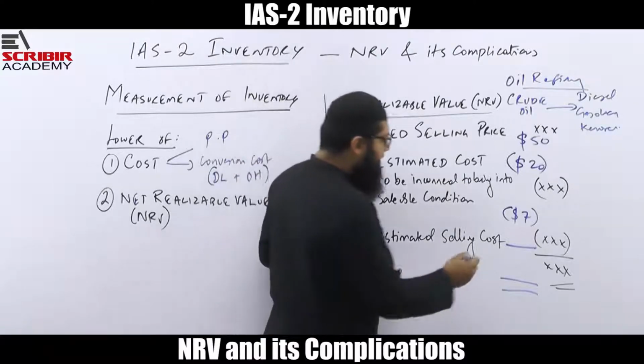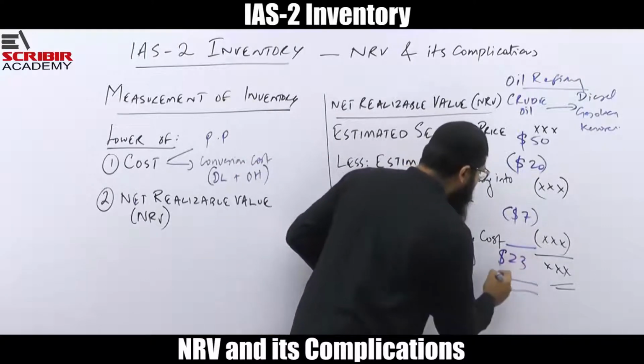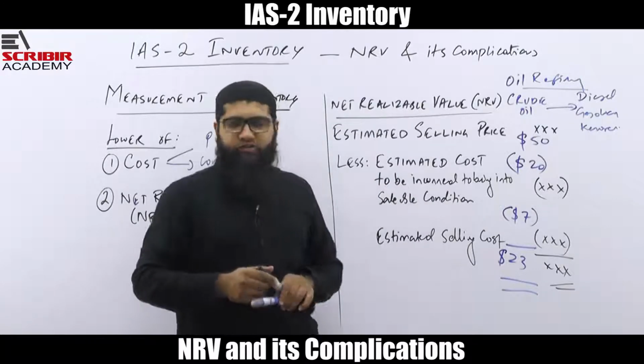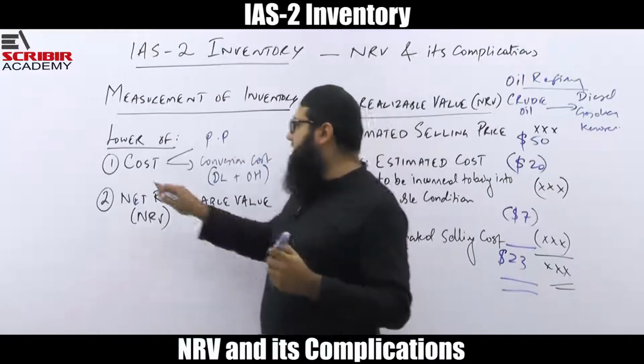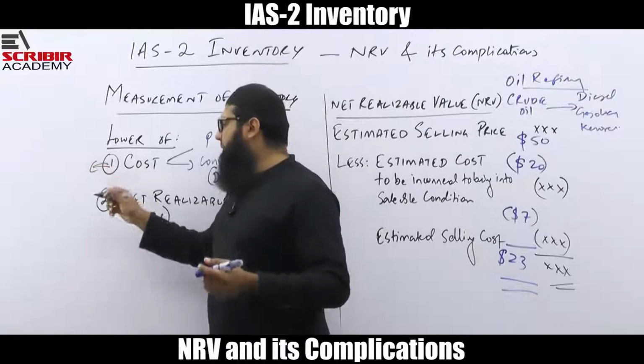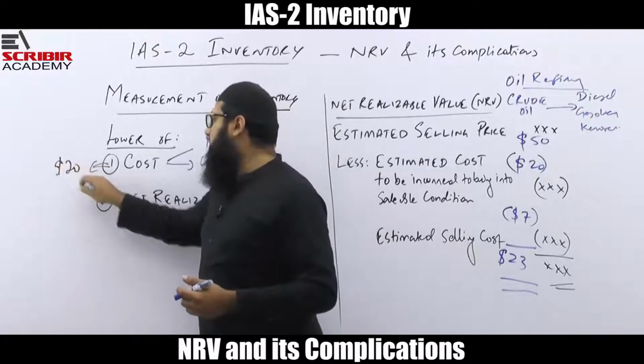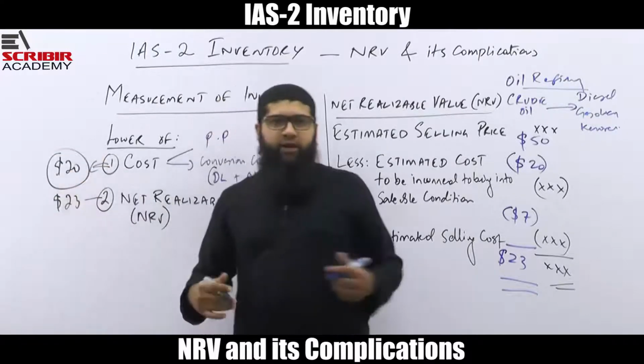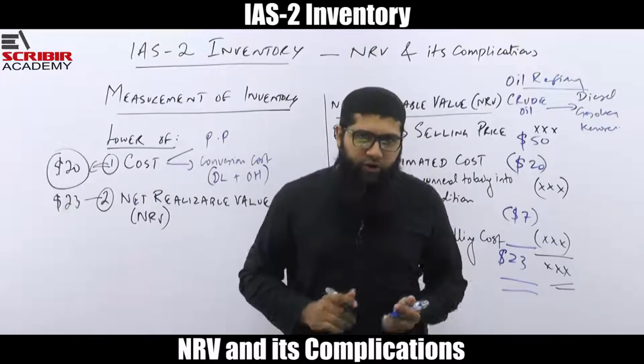So resultingly, we would end up getting $23 as the NRV. If the cost of this specific item is, let's say, $20, and the NRV is $23, you will continue to measure it at the cost of $20. That is what you are going to do.